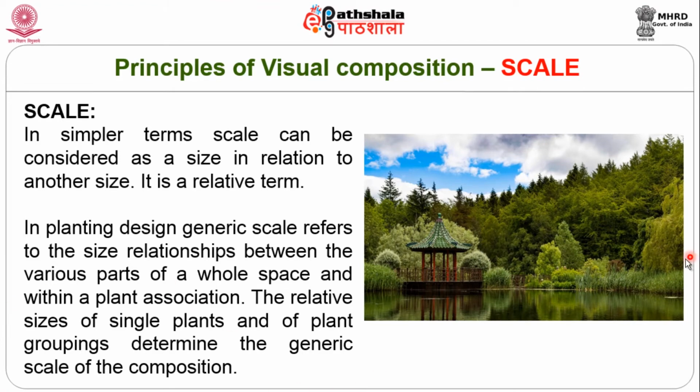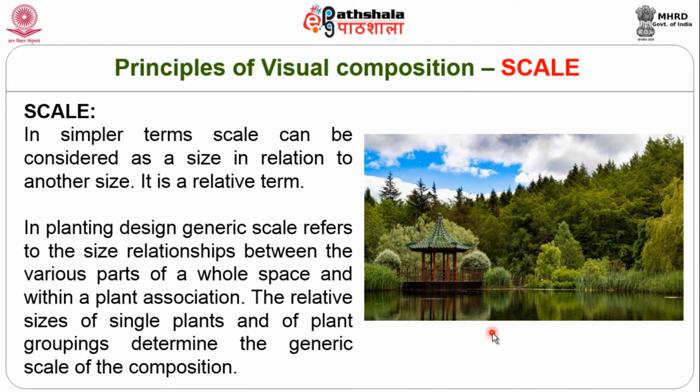As you can see, there is a grouping which is very close to the water, more like the grass variety that is there, and suddenly the scale starts to increase with the larger plants, the larger shrubs, the taller shrubs which come, and also the smaller trees, medium height trees, and right as the landscape progresses, it also goes to the higher level of trees as such.